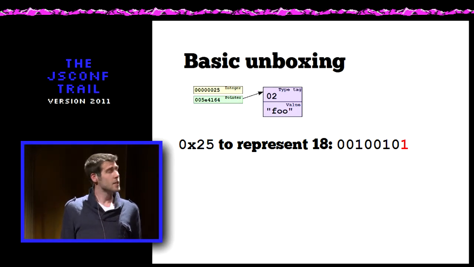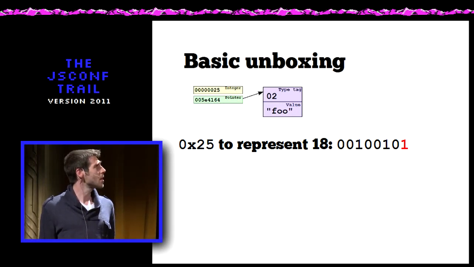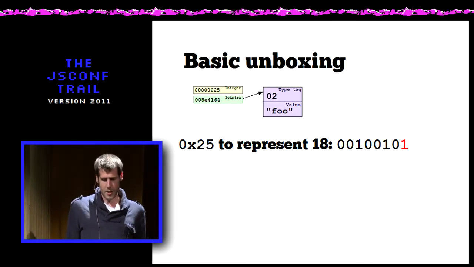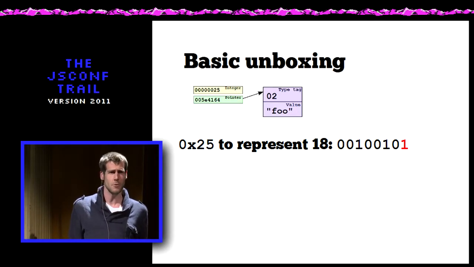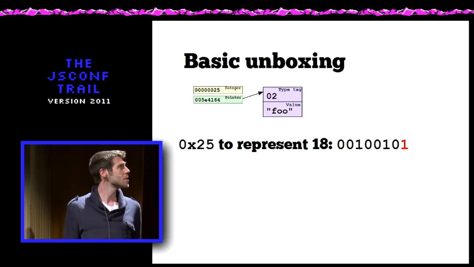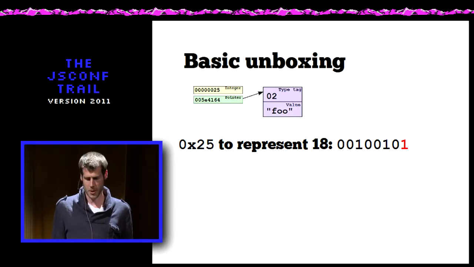So that means the last 2 or 3 bits of your pointers will be 0. And you can use that to distinguish between pointer values, which have the type tag in the pointed to structure, and other values. In this case, we're going to represent an integer. Engines tend to take care to represent numbers as integers as long as they can. JavaScript numbers are specified to be floats, 64-bit floating point numbers, but as long as they are integers smaller than, well, in this case, 32 bits, they can be represented as 32-bit integers as long as you detect overflow and switch to a float at the proper point.